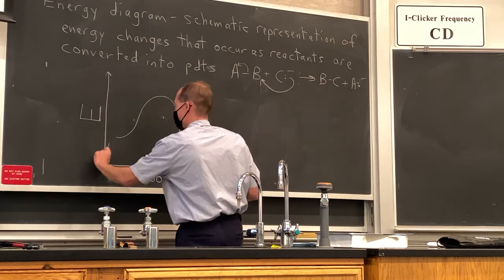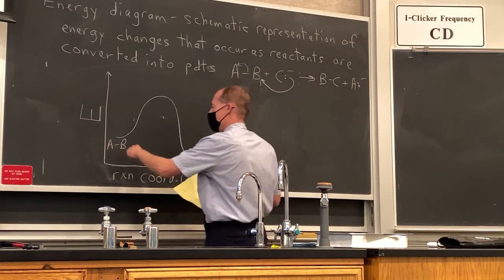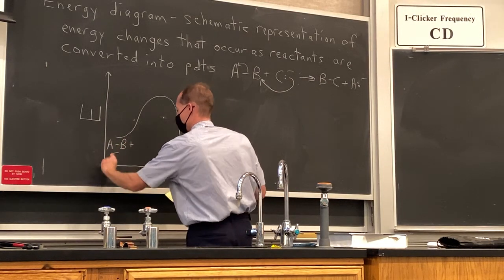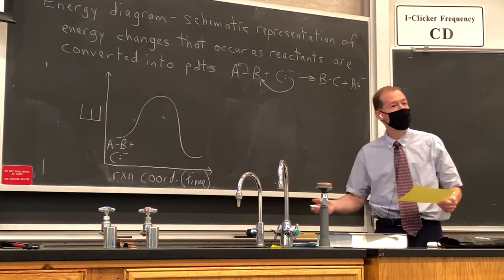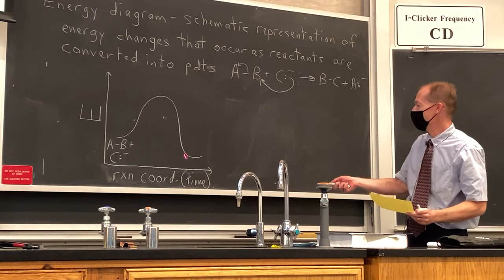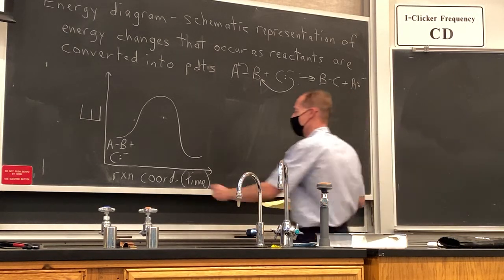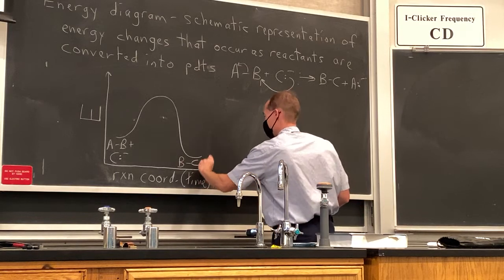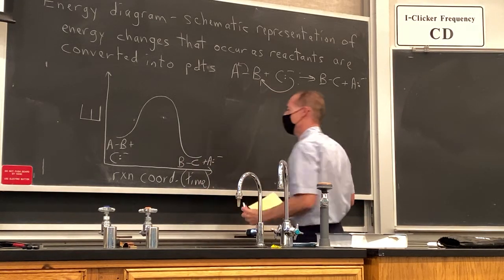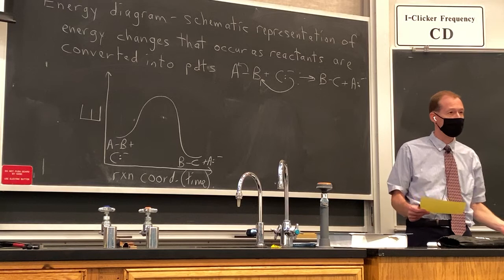So we would go ahead and write in AB and C minus. Those are our reactants. And then by the time we get over here, we're going to have formed BC and A minus. Okay.